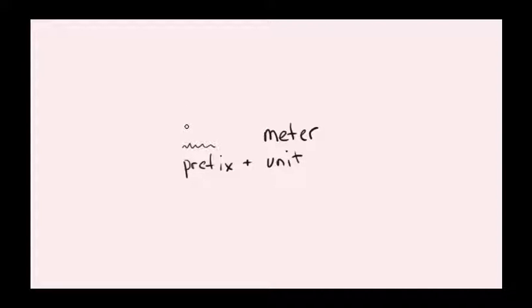One is going to be kilo. Kilo means 1,000 times, and so a kilometer is going to equal 1,000 meters. Okay. About 6/10 of a mile, if you like that.